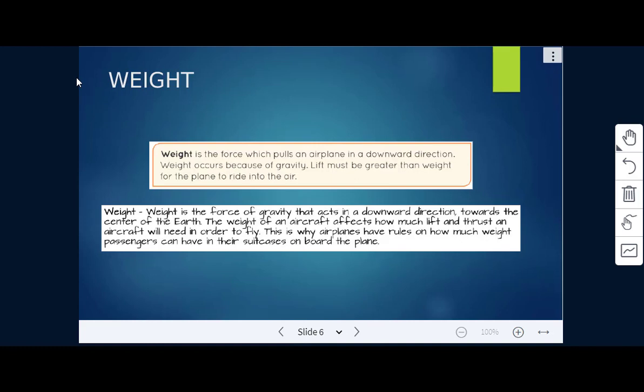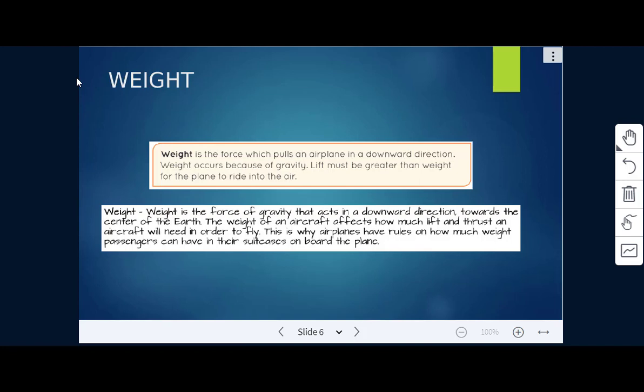Weight was the opposite to lift. This is the force that's pulling on an airplane downward, and it's because of gravity. When we are trying to achieve lift, lift has to be greater than weight for the plane to rise into the air.